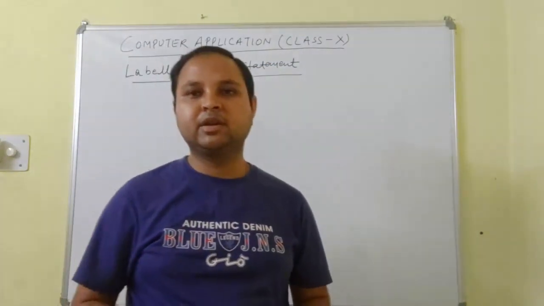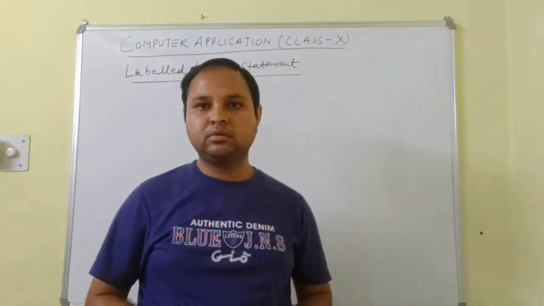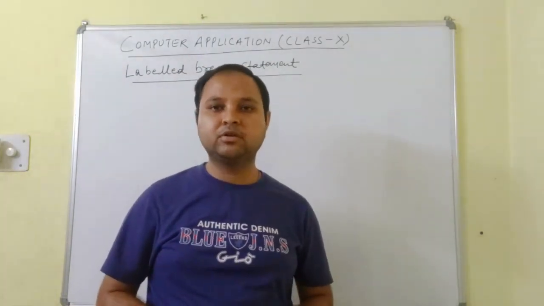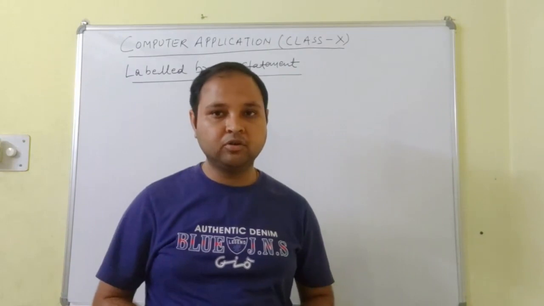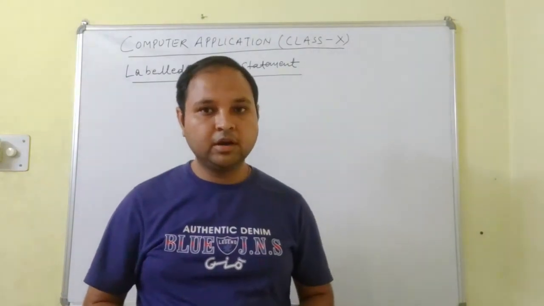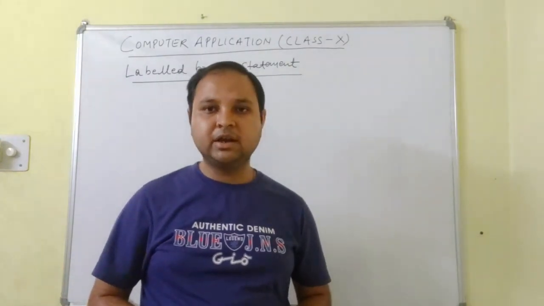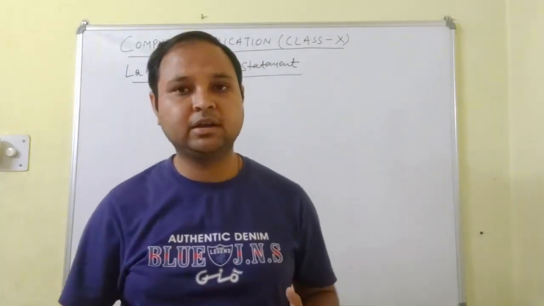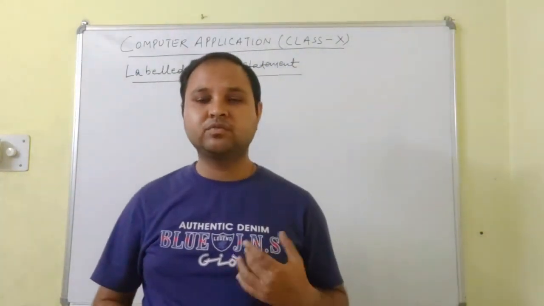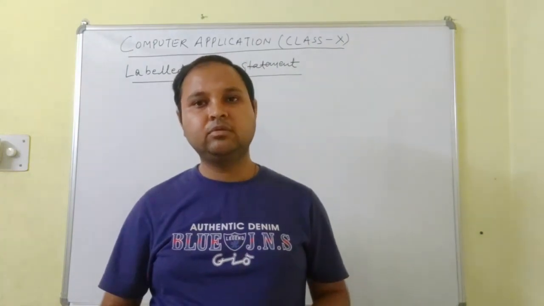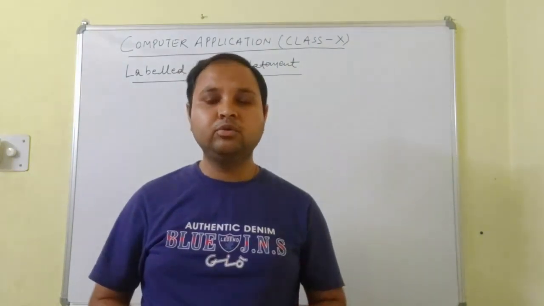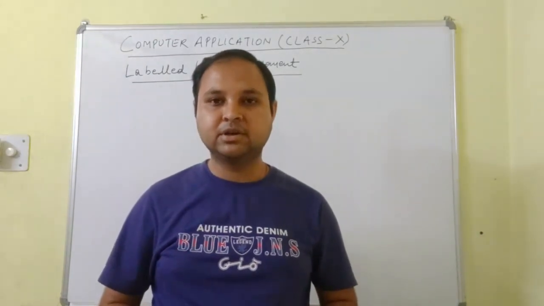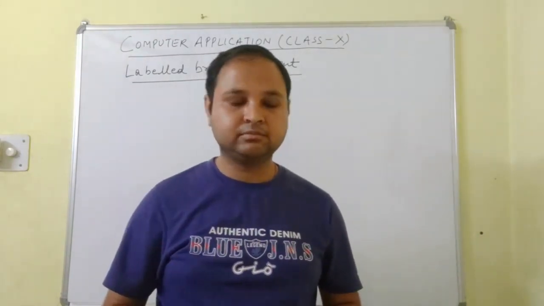Label break statement is used to break the outer loop, or stop the execution of the outer loop from the inner loop whenever a condition is satisfied in the inner loop. Sometimes our requirement is fulfilled and in the inner loop we want to terminate the outer loop also. In that case, we use the label break statement.